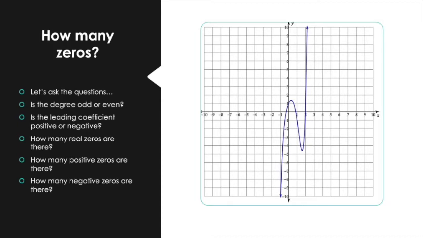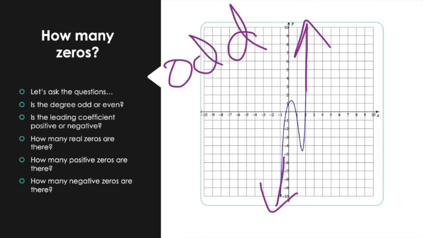So first of all, the question is, what is the degree? Is the degree odd or even? In this particular graph, since one end goes up and one goes down, this is going to be an odd degree.